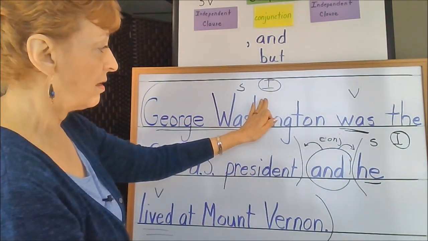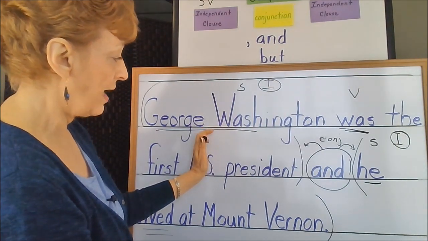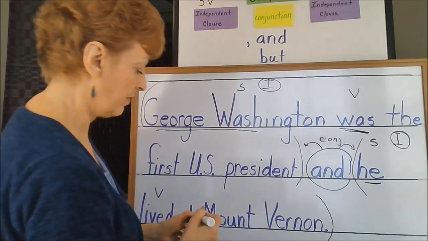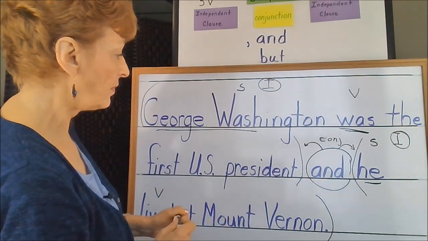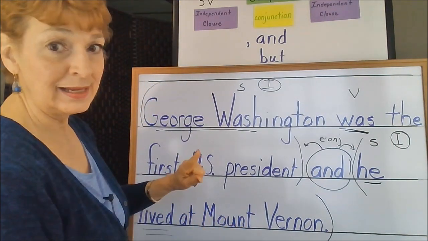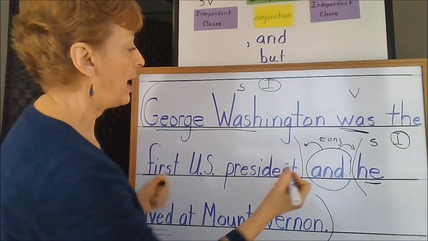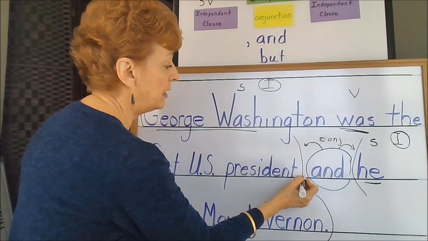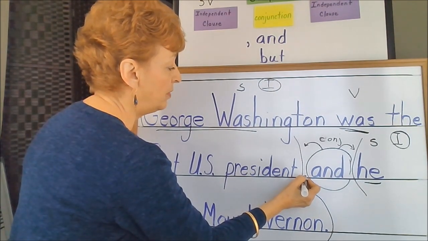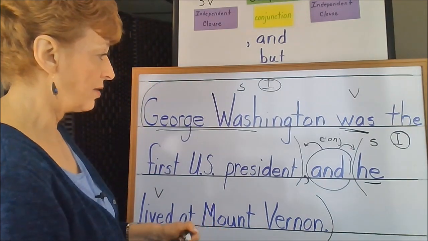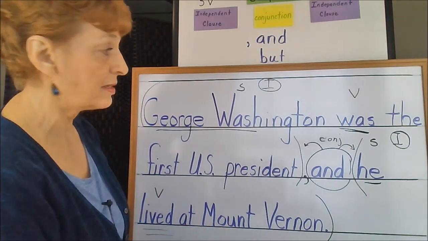So independent clause to the left of the conjunction, independent clause to the right of the conjunction. The only thing that we're lacking is this punctuation mark, which goes after the first independent clause and right before the conjunction. So the sentence is now complete, a compound sentence.